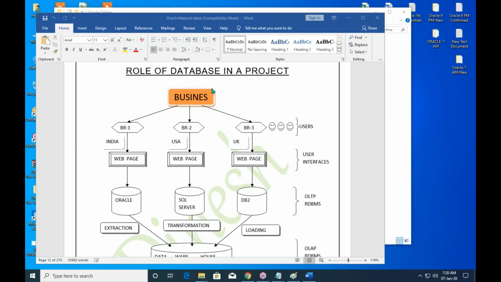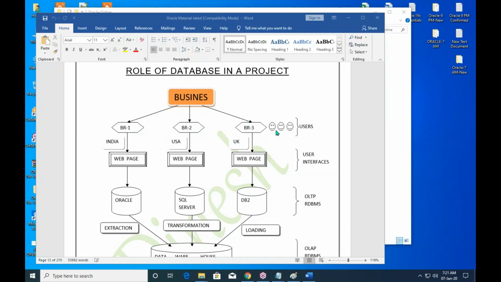Suppose there is a business, a simple example, the business is Reliance. Assume that the business is Reliance. You can take any business, or you have a bank account, so think about your bank. The bank is a business. The bank has multiple branches: branch 1, branch 2, branch 3.